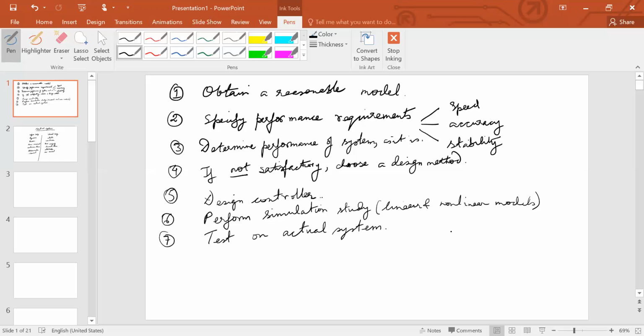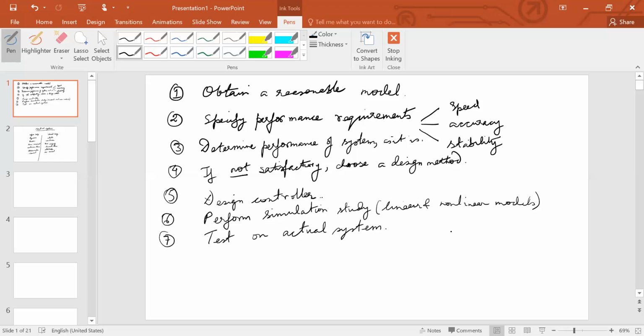But at the same time, when I was discussing linear and non-linear systems, you might have noticed I did mention that we often go for linearized models of systems, and that is not necessarily because we don't know how to deal with nonlinear systems at all.